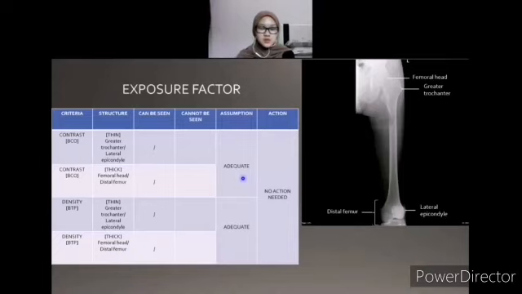Next, for the exposure factor, the kVp used for this projection is adequate. This is because the bony cortical outline of the thin structures, which are the greater trochanter and the lateral epicondyle, can be seen, and the bony cortical outline of the thick structures, which are the femoral head and distal femur, can also be seen.